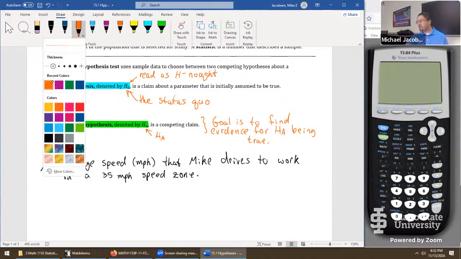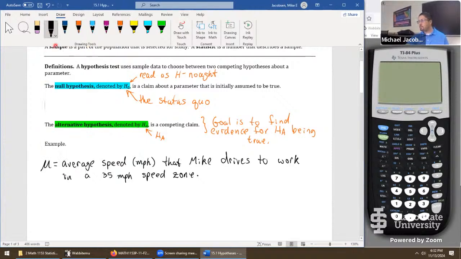And now let's add just something extra to this to give it a little bit of conflict. Let's suppose Mike is summoned to traffic court, which could happen. It's never actually happened, but let's suppose it happened.